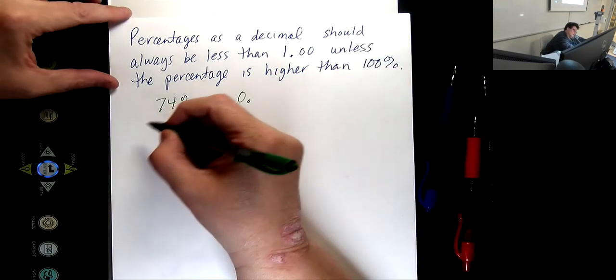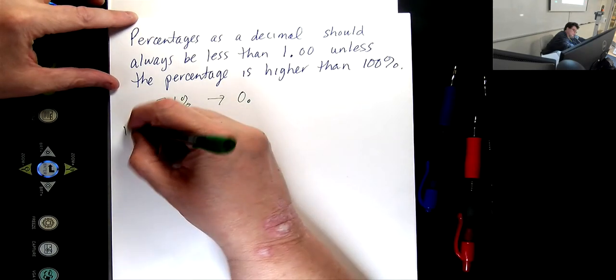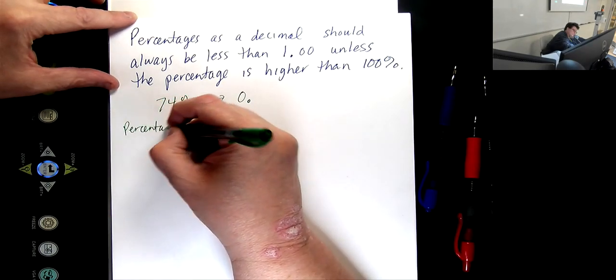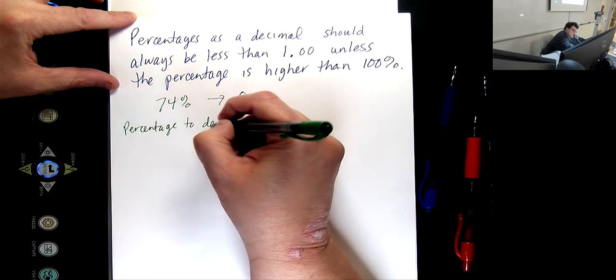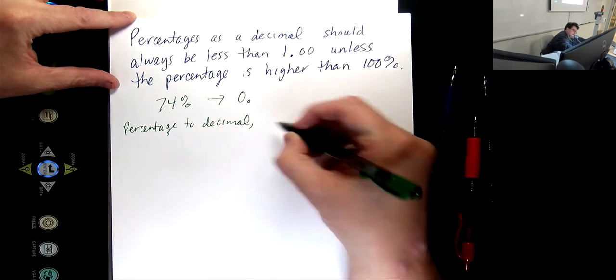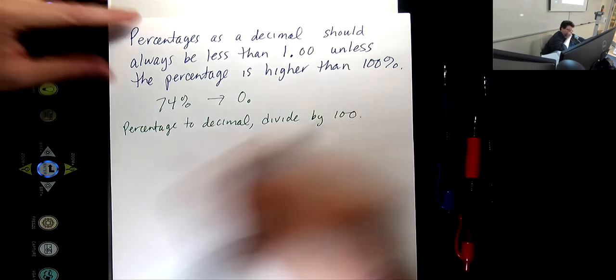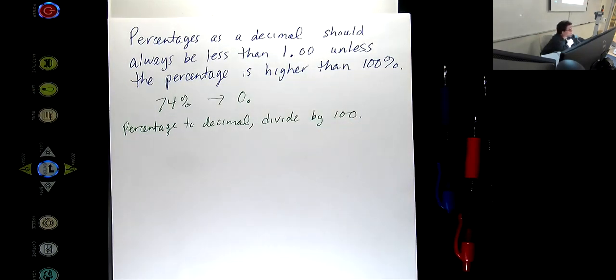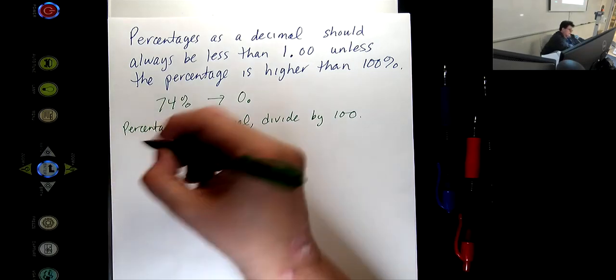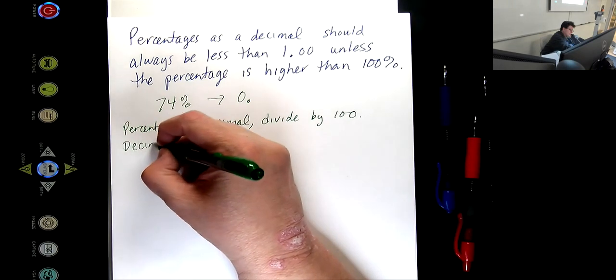When you go from percentage to decimal, divide by 100. And decimal to percent is multiply by 100.